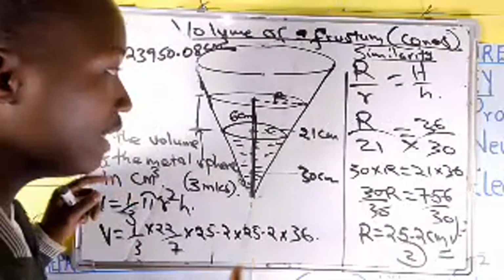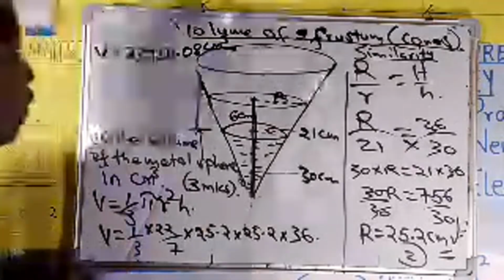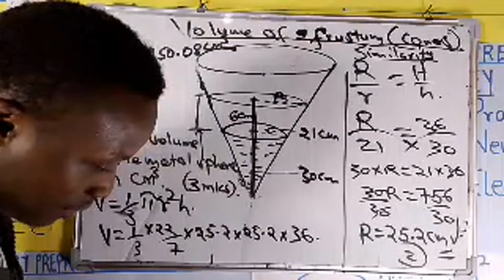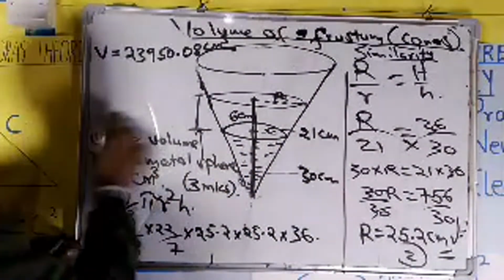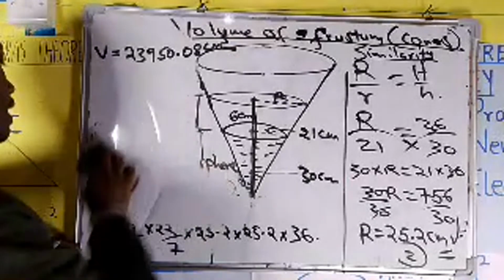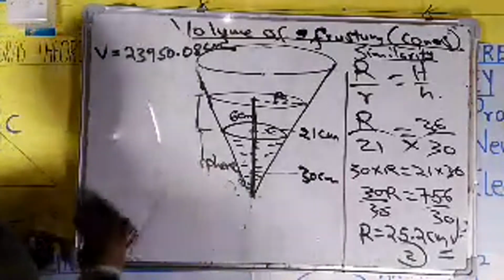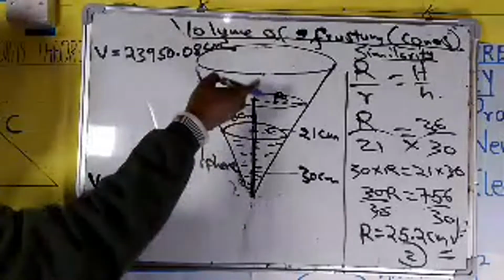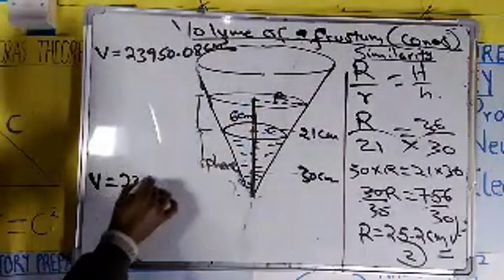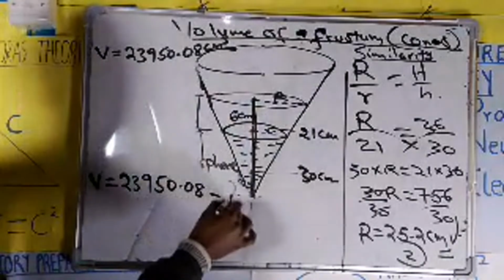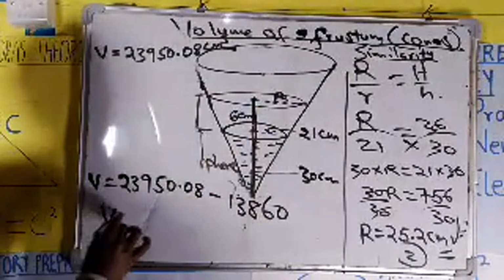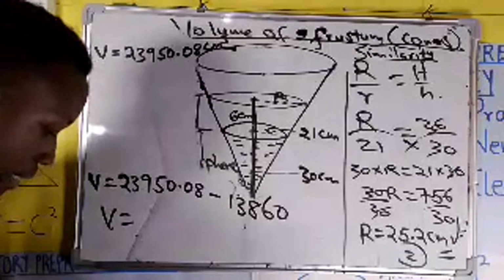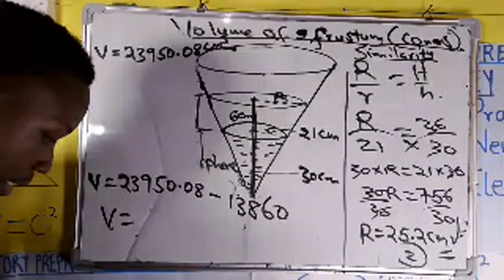Na tumesema metal sphere ukitaka kujua volume yake ni the same na ile maji displace ikaenda juu. Kwa hivyo tutachukua ile volume hii to subtract ile ya kwanza ambayo ilikuwa I think 13,860, if I am not mistaken. So for us to get the volume of this sphere, it is going to be 23,950.08 minus 13,860.